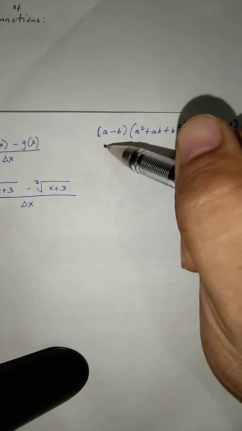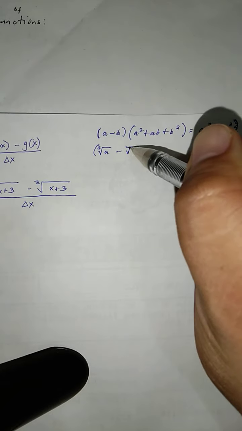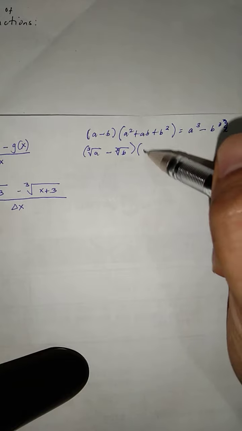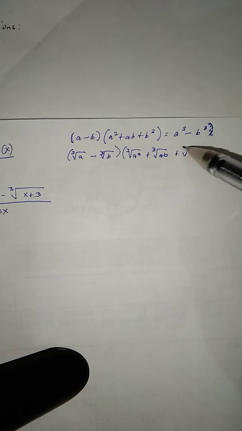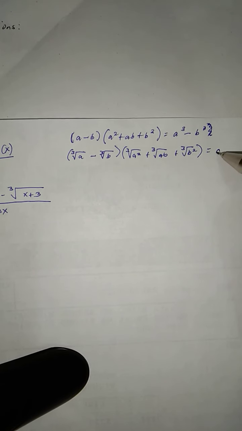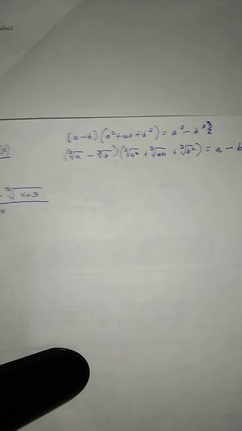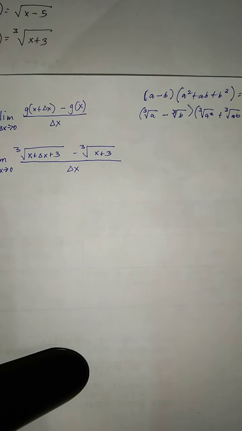So in the case of cube roots, if you have cube root of a minus cube root of b, then following the pattern, you have cube root of a squared plus cube root of ab plus cube root of b squared. Then what you will have is cube root of a cube, which is a, minus cube root of b cube, which is b. So this one will be our target for this expression.